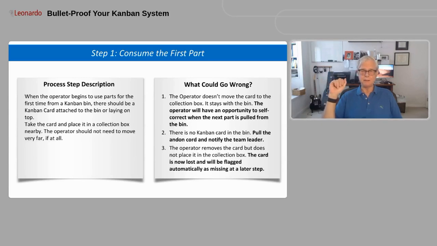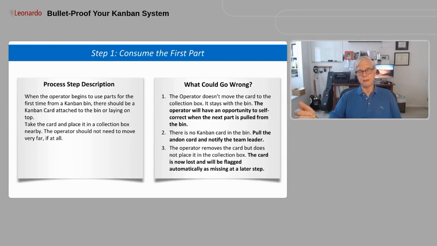Second thing that can happen, there is no card in the bin, right? I'm taking the first part out, but there's no card. The card is missing. So in that case, we want the operator to alert, pull the andon cord or push the andon button, and have the supervisor or team leader take over basically and research, because that card needs to be reprinted.